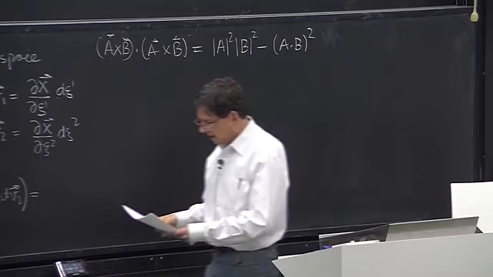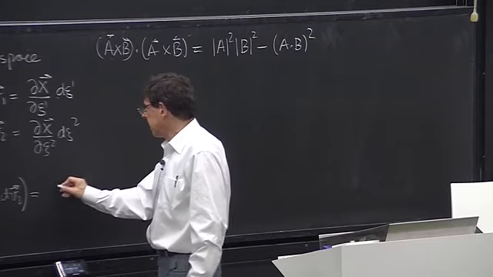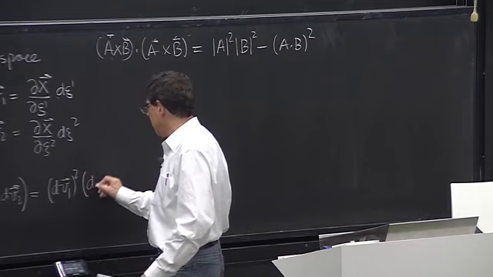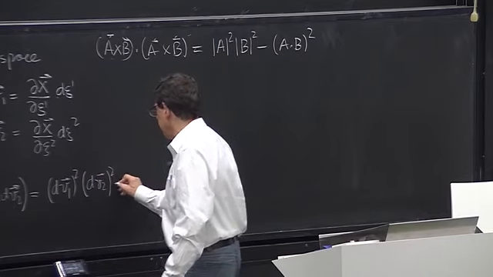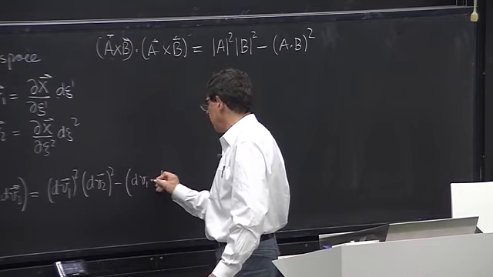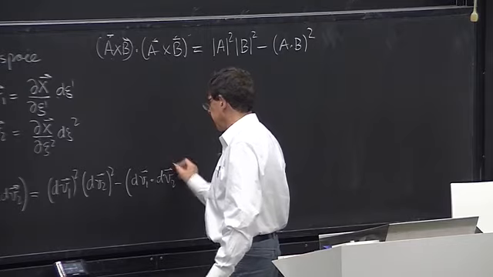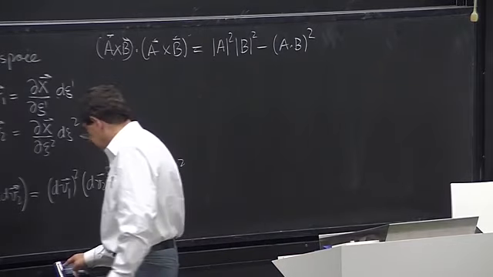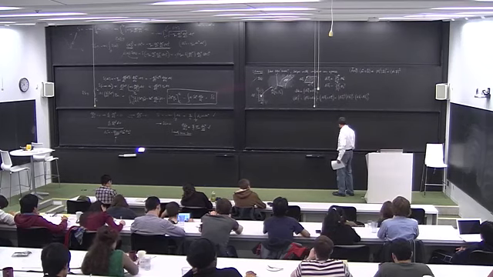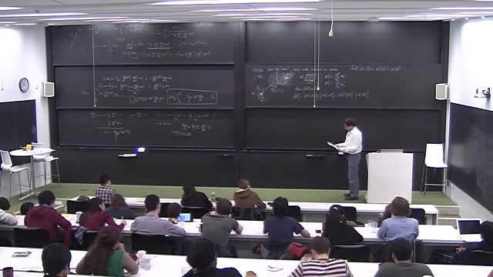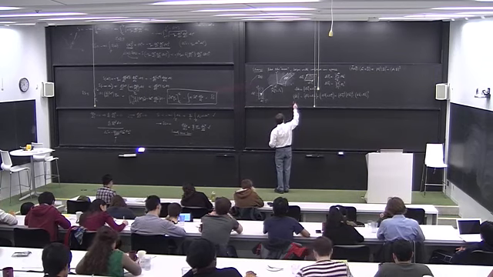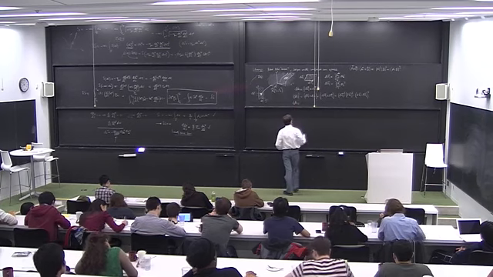So here we get dv1 squared, dv2 squared minus dv1, dv2 dotted into each other, squared. So finally, we can write the area, and I'll write the square root.